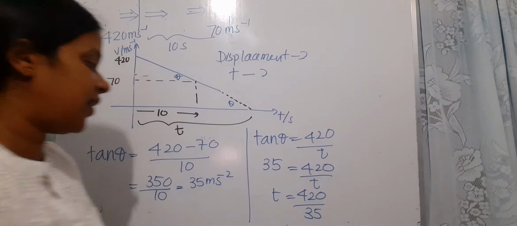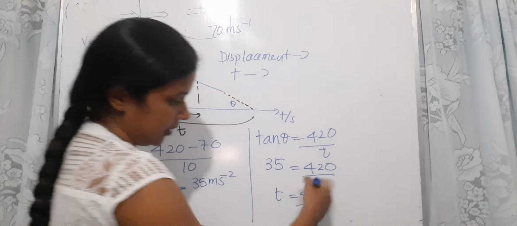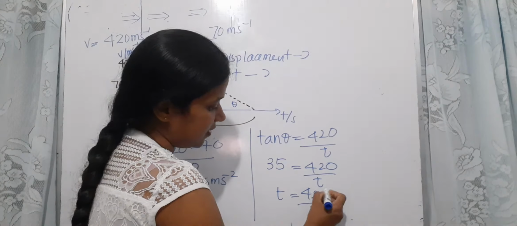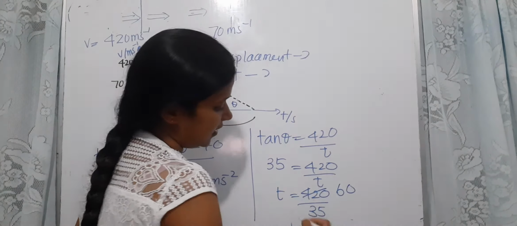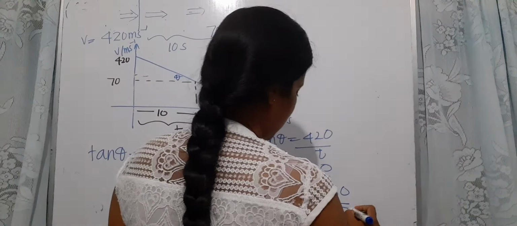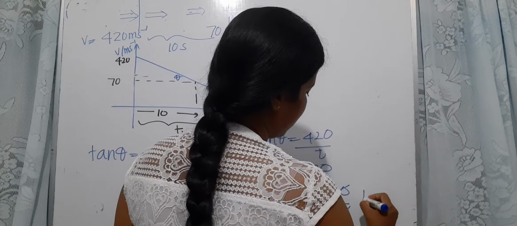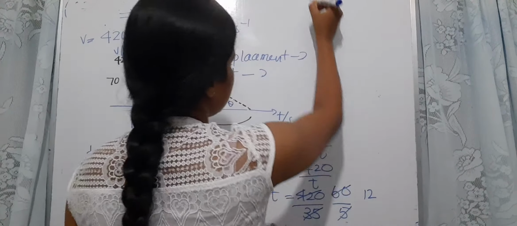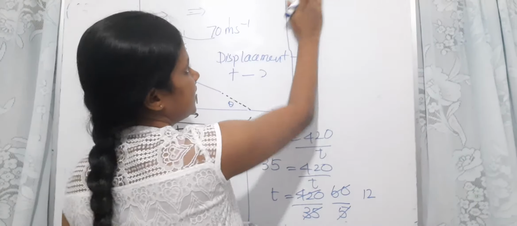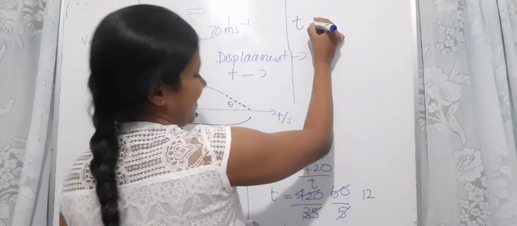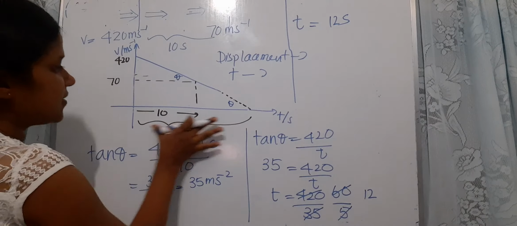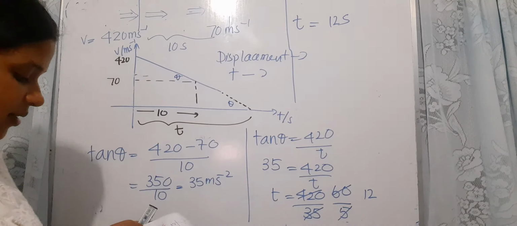Then we can simplify it by common factors. The factor here is 7. 6 7s are here. 5 7s are here. Then it can be simplified by 5. Then it is 12. Then t is, can you see here? T is 12 seconds. T is the total time duration.